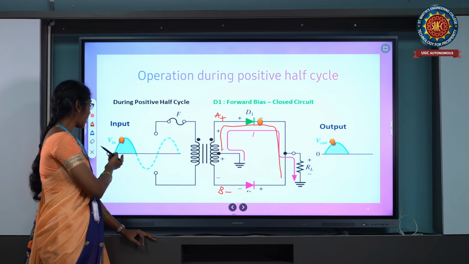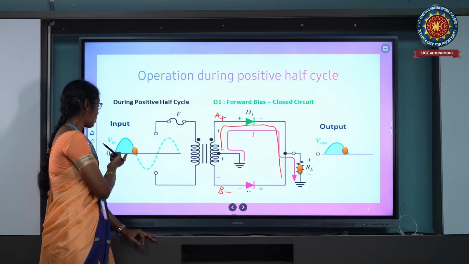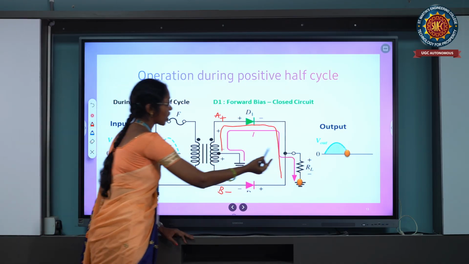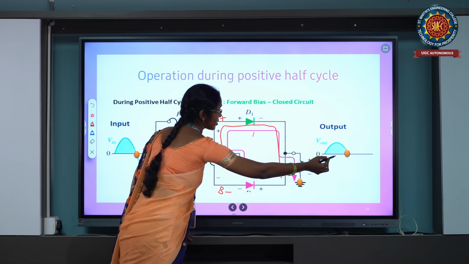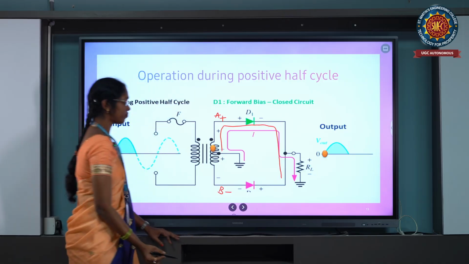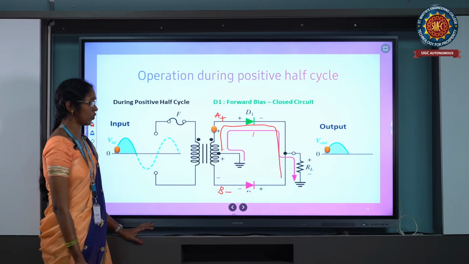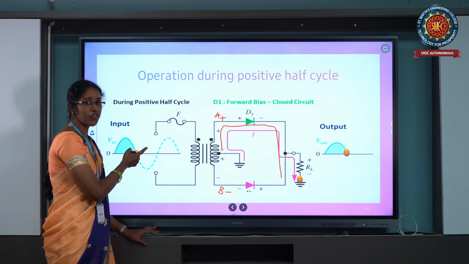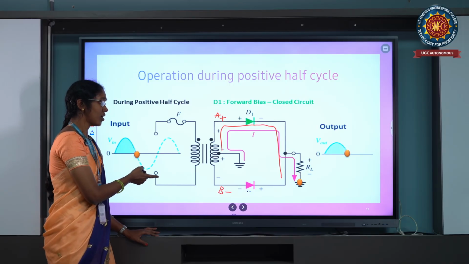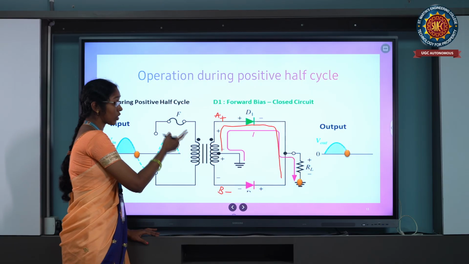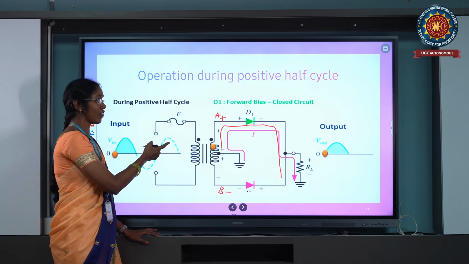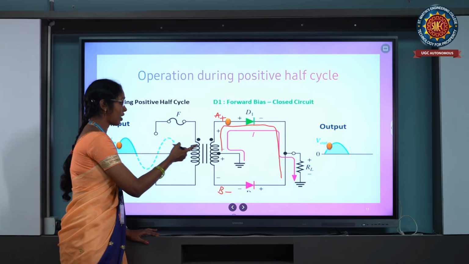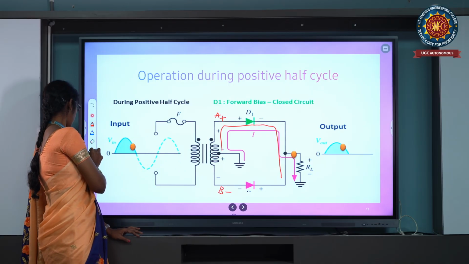So during the positive half cycle, we get a DC voltage output at the load resistor. During the positive half cycle, D1 is in forward bias and D2 is in reverse bias. Due to the forward bias mode of D1, we get the output at the load resistor.